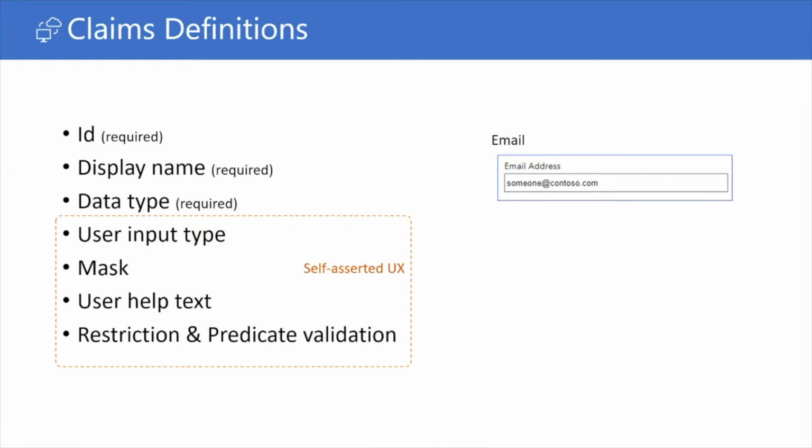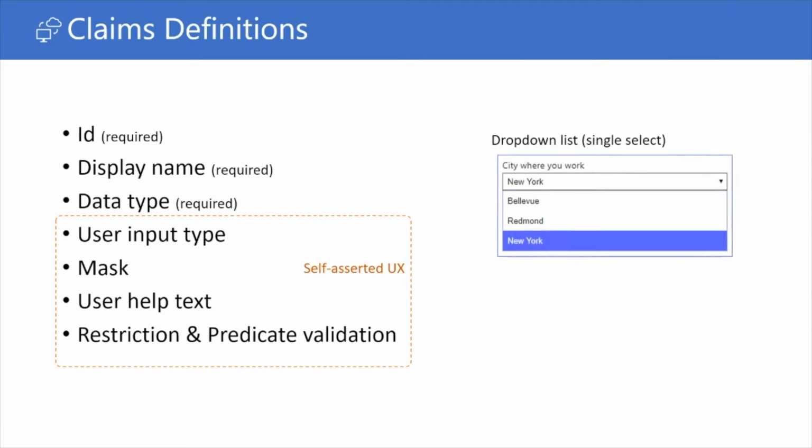You can indicate that it's going to be represented as an email address. You can have it indicated as a date, where you'll get special controls that subdivide the date into day, month, and year. Indicate that it's numeric. You can specify that it's a drop-down list and that you're going to have the user pick one of several values that you predefine for them to select from.